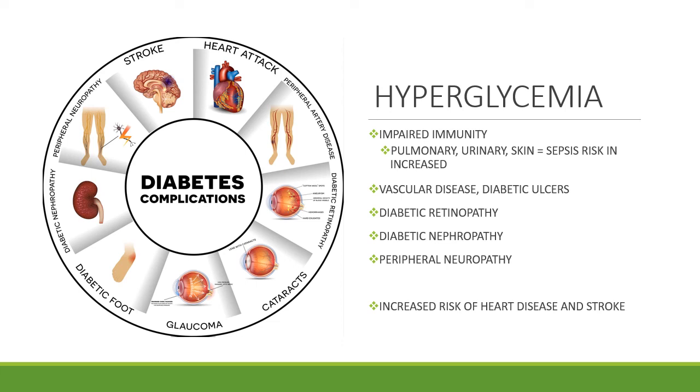Diabetic retinopathy causes blindness. Diabetic nephropathy causes kidney failure, and peripheral neuropathy from the diabetes puts them at very high risk for injuries, as well as, again, skin problems and ulcerations. There's also an increased risk of heart disease and stroke.